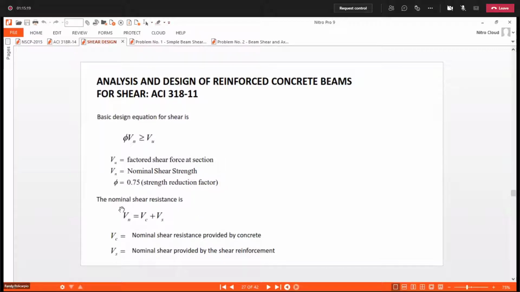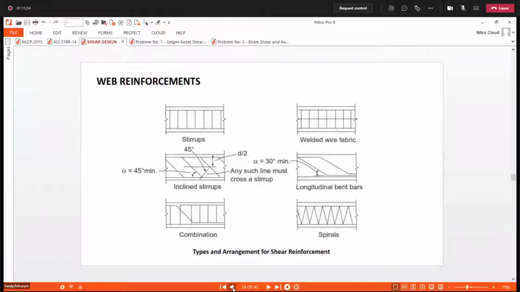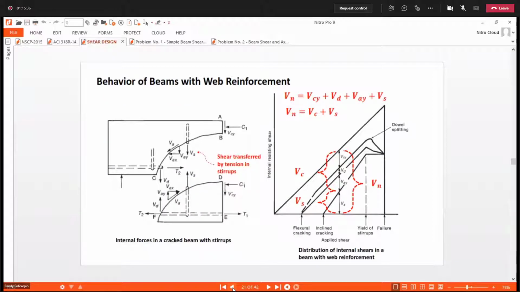For the determination of the nominal shear strength Vn, this is our formula: Vn is equal to Vc plus Vs. This is known as the nominal shear strength.